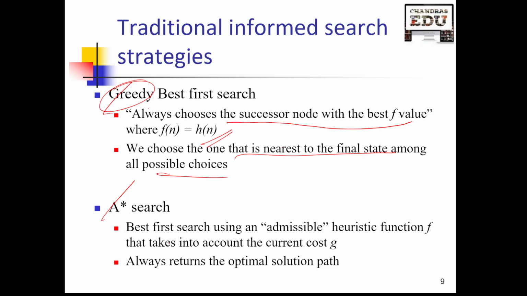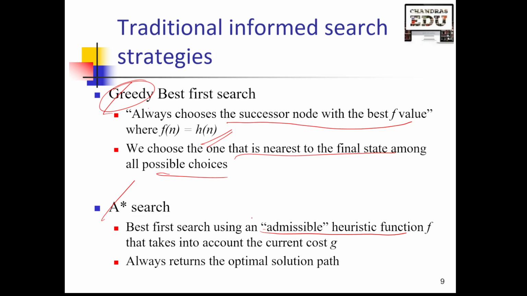Next, coming to the A star search. It is best first search using an admissible heuristic function. As I told, if h of n is admissible, then whatever solution we get in that informed search strategy will be more realistic, and we can get the optimistic solution.